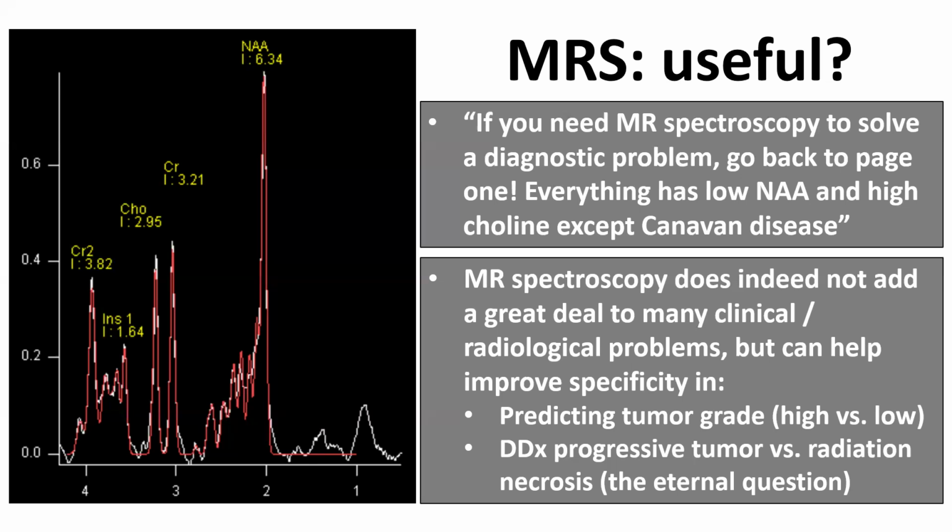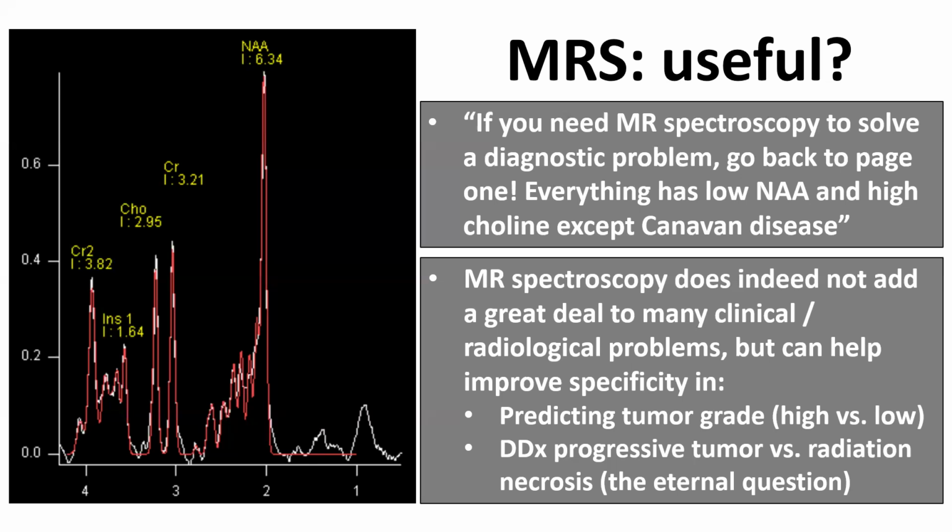It's more of a problem-solving tool when you're really confronted with a certain dilemma, like could this be a tumor or is it radiation necrosis? It can help you decide what is most likely. You can still be off, and a lot of these things look similar, but it can help you shift your degree of probability or your degree of certainty.